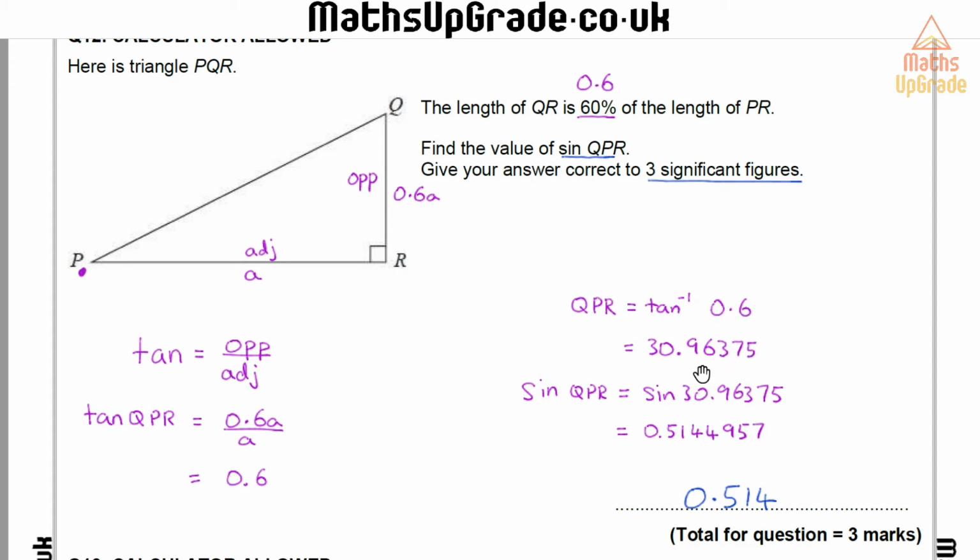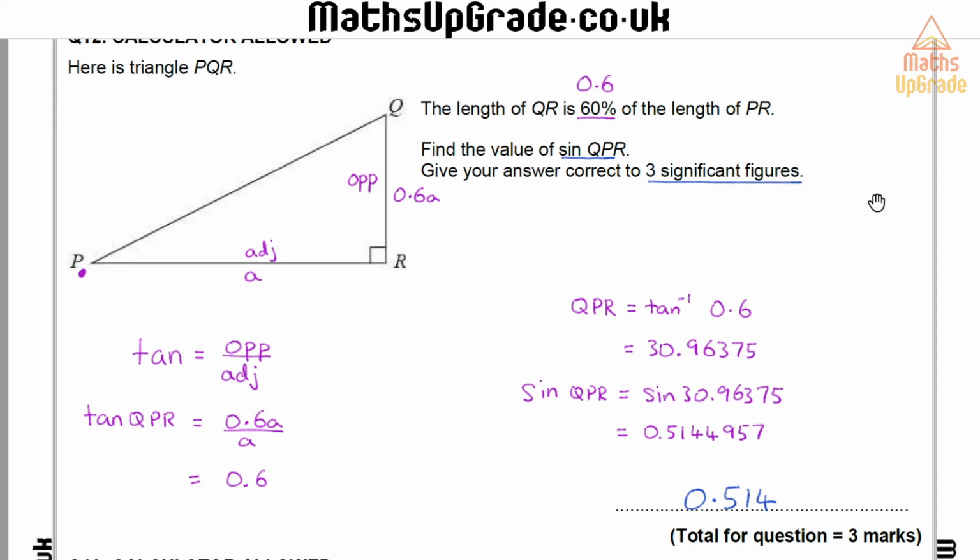Now all I need to do is find the sin of that value. So the sin of 30.96375 is 0.5144957. Notice I'm writing quite a few digits here after the decimal point. I'll have to give my answer correct to 3 significant figures, so I'd recommend 4 or 5 significant figures within your working out at least. The whole question there is worth 5 marks.